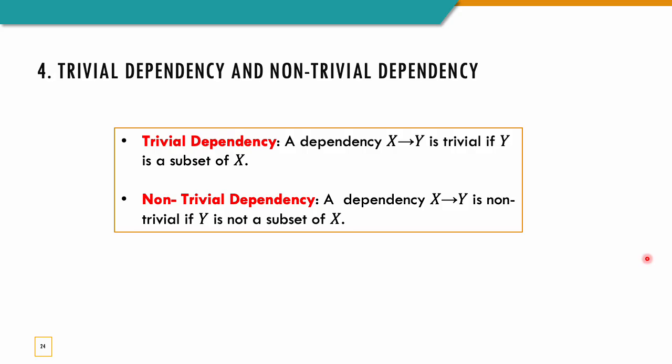And then a non-trivial dependency is a dependency of X to Y where Y is not a subset of X. In other words, Y contains attributes that are not part of X. And the non-trivial dependencies are meaningful because they show the actual relationship between the different attributes.